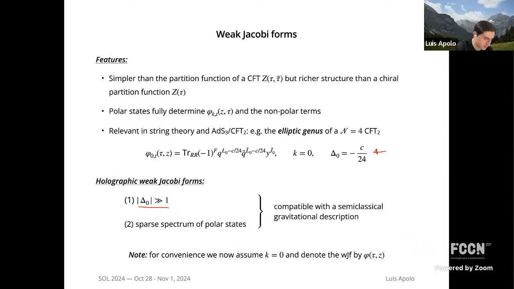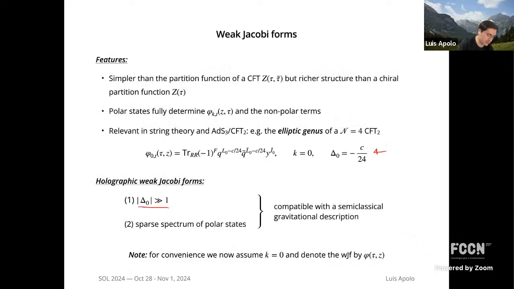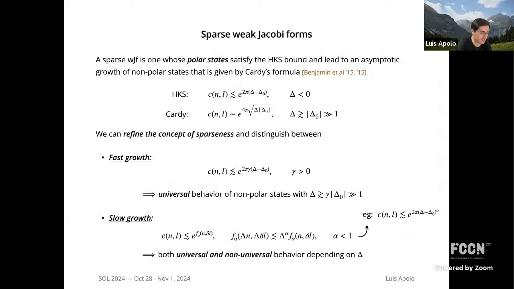Okay, so this first condition, well, I already gave some motivation of why we impose it. Now I need to tell you what I mean by sparseness. It turns out that the sparseness condition in weak Jacobi forms has been considered before by Nathan Benjamin and collaborators.